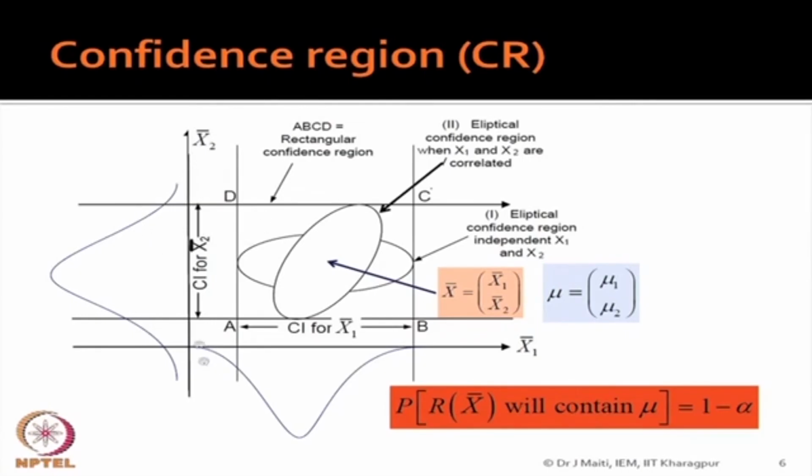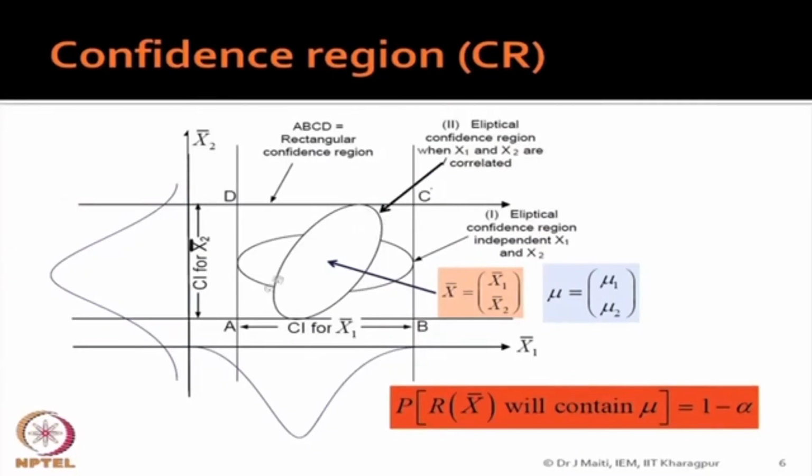Based on the individual intervals it is within the confidence level, but collectively, if you see the collective confidence region, this point is out of the confidence region.